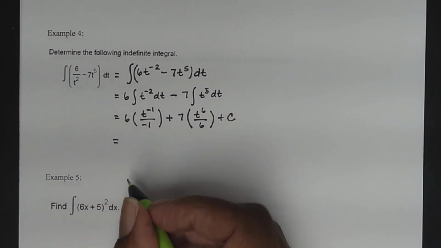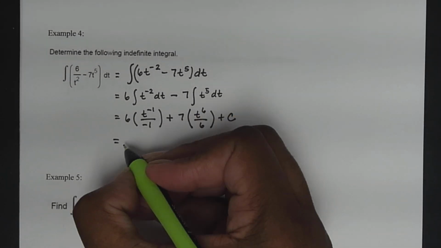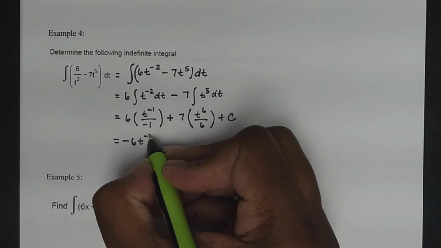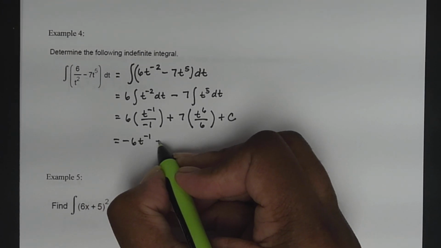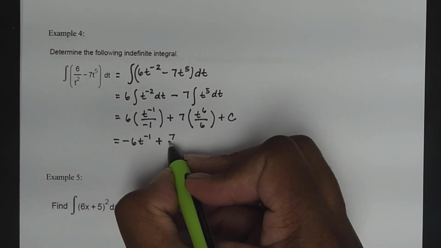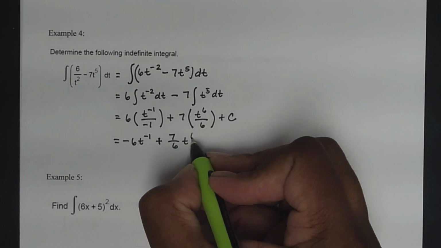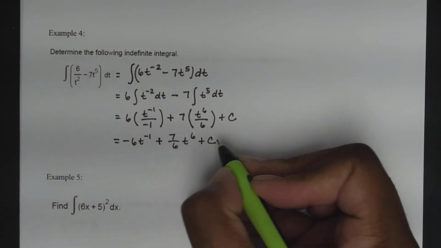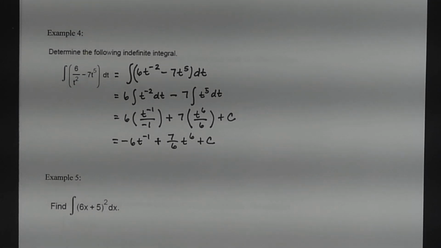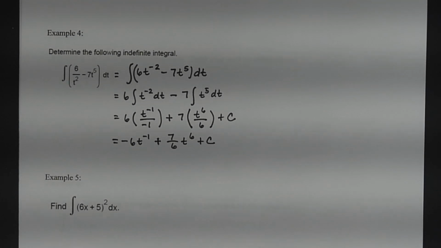Then if I simplify this, 6 divided by negative 1 will be negative 6. So it'll be negative 6t to the negative 1 plus 7 divided by 6, we'll leave that as 7 over 6 times t to the 6 plus c.